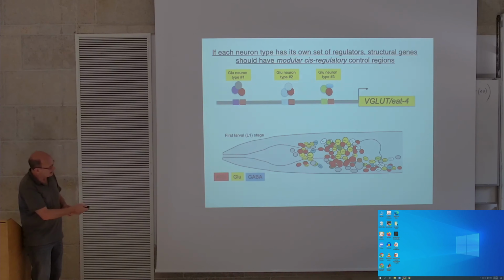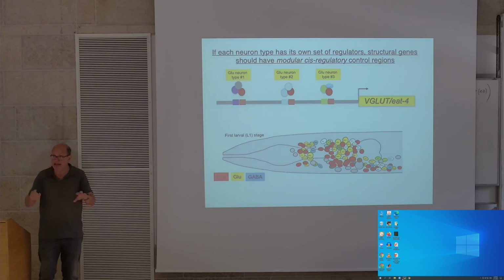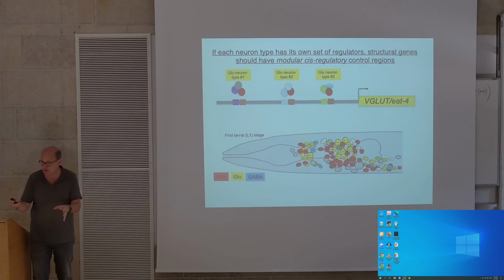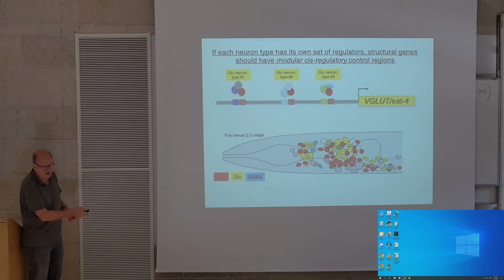So, and as indicated here in yellow, there's many different neuron classes in C. elegans that use glutamate as a neurotransmitter. There are very different neuronal classes, sensory neurons, interneurons, even some motor neurons are glutamatergic. And based on what I told you so far, you would predict that this gene, to be turned on in different neuron classes, would need to be responsive to different combinations of transcription factors in different neuronal cell types.